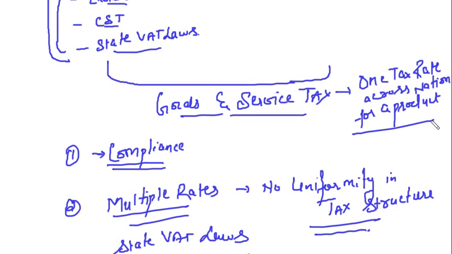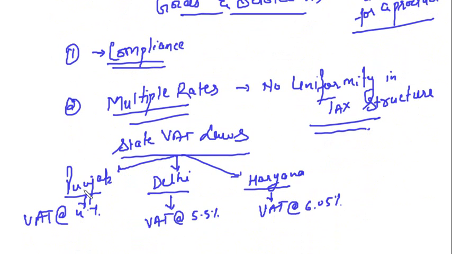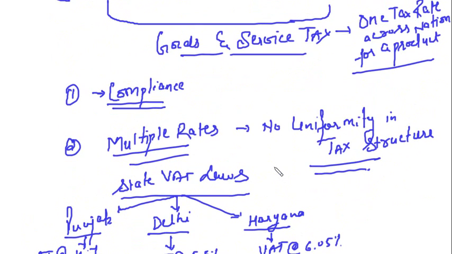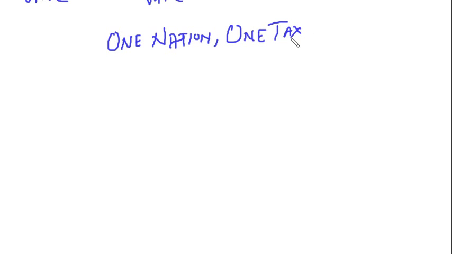So you purchase an air conditioner either from Punjab or Delhi or Haryana, you will be taxed at a single rate and not at different rates. That is why the goods and service tax has been called one nation, one tax. This is the slogan of GST: one nation, one tax.